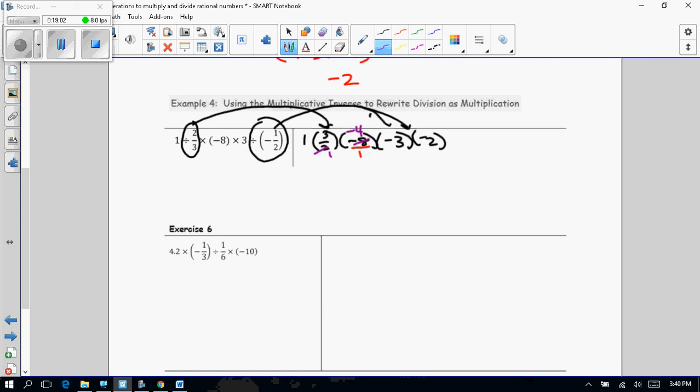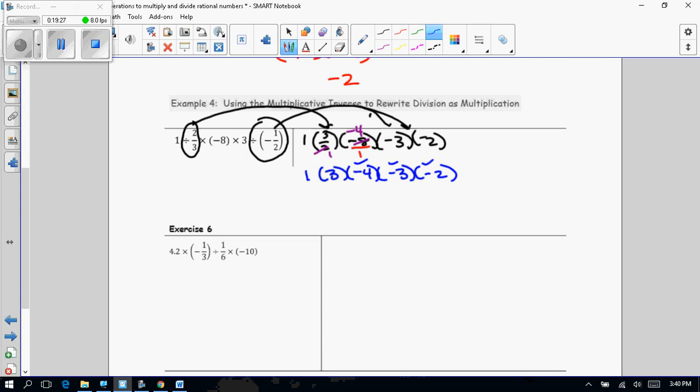Now really what I have is just one big string of multiplication. I have 1 times 3, because it's 3/1, but that's just 3, times negative 4/1, which is just negative 4, times negative 3, times negative 2, right? I have 1, 2, 3 negatives, so I know my answer is going to be negative.